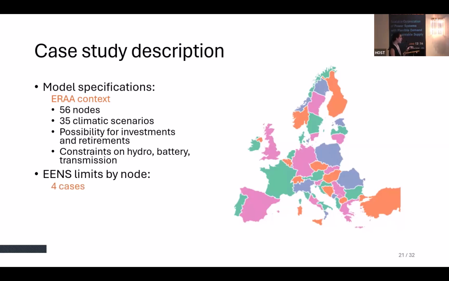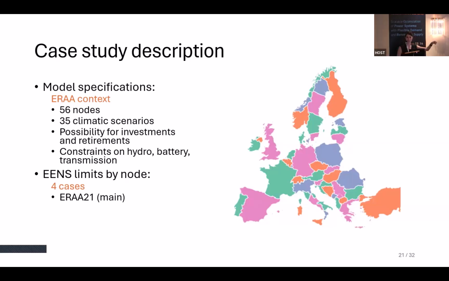And we will work on 4 cases of EENS limits. So the main case, I call it ERA 2021. What we have used here is from the ERA results. Actually, the ERA 2021 had 2 scenarios. One of them was named scenario with capacity mechanism. What the scenario was doing, it was running the EVA, so it was running the capacity expansion step, and then it was assuming that there are capacity mechanisms that add investments in order to meet the national targets.